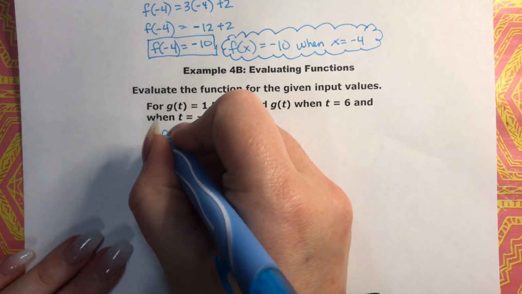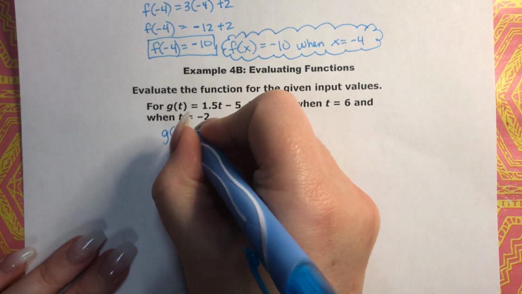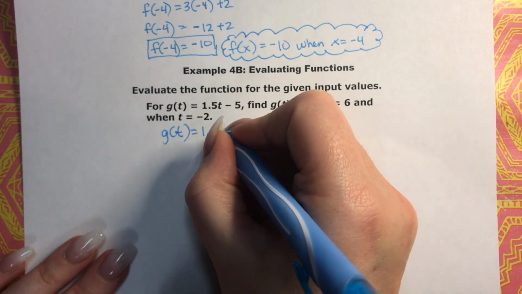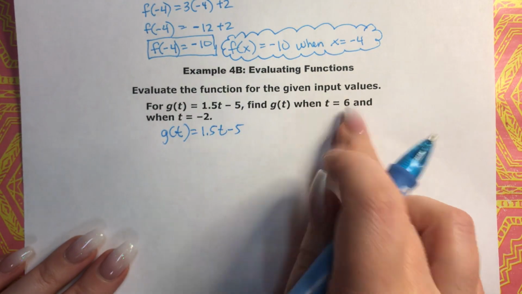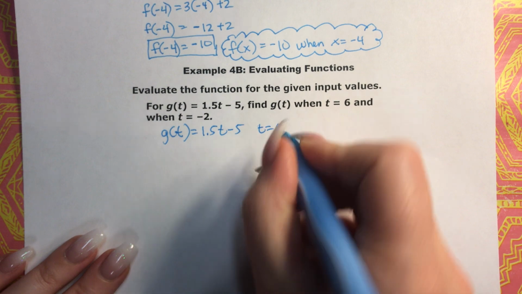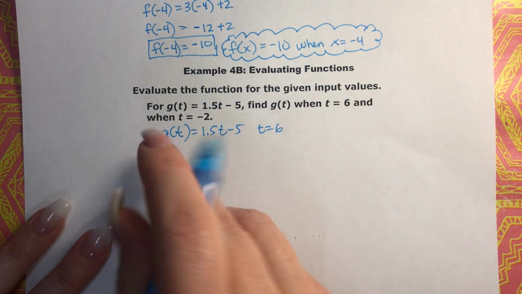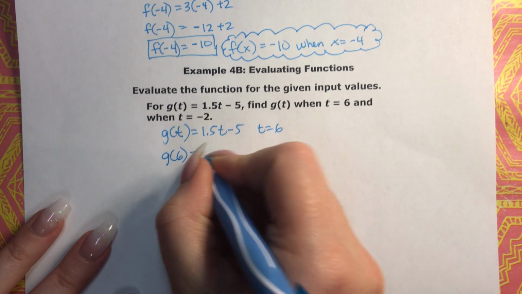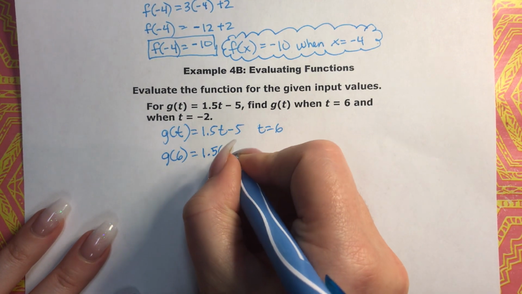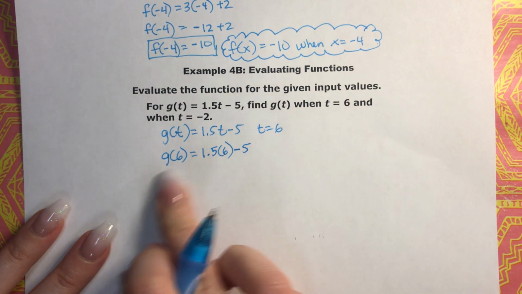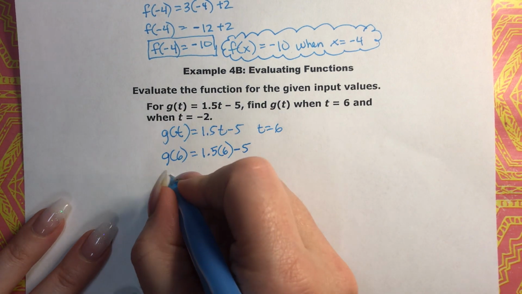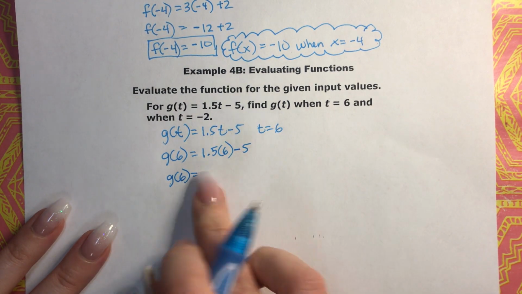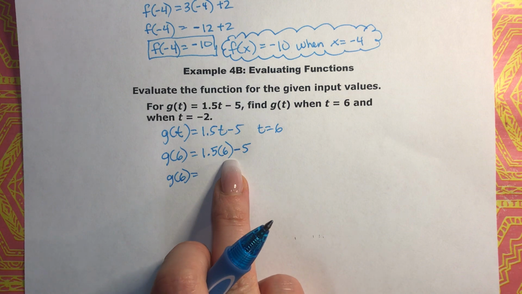Perfect. So I'm going to write down this function here, g of t equals 1.5t minus 5, and we're going to figure it out when t is equal to 6. So I'm just going to substitute 6 in wherever there's a t, and then just do the order of operations here. So g of 6 is equal to 1.5 times 6.